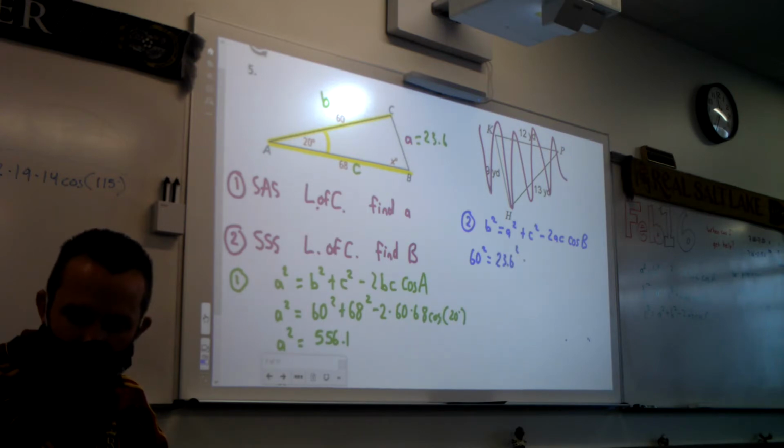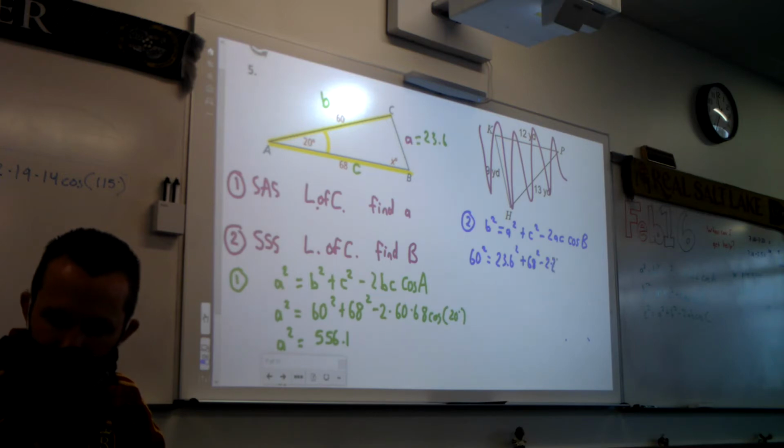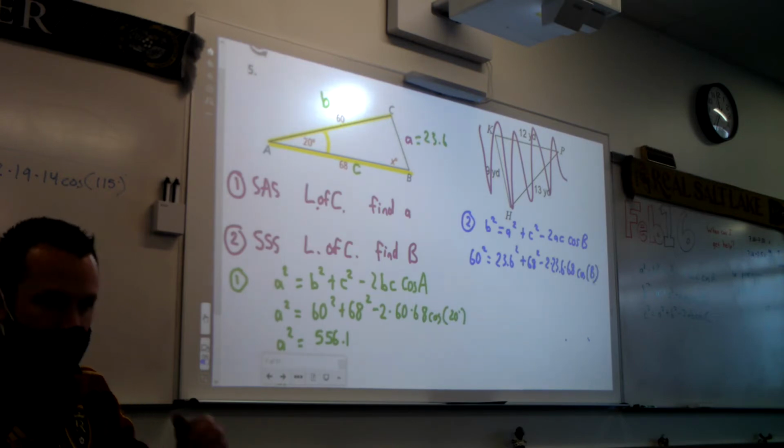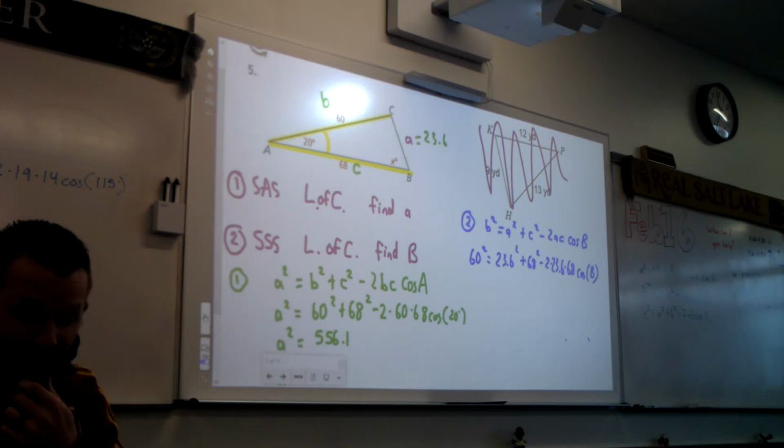So then I'll have 60 squared equals 23.6 squared plus C, which is 68 squared. A is 23.6. And then angle B was what we're trying to find.